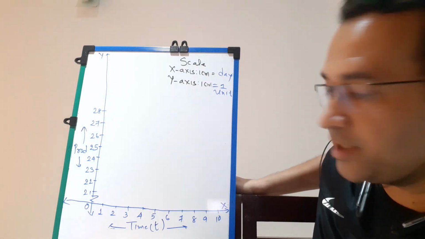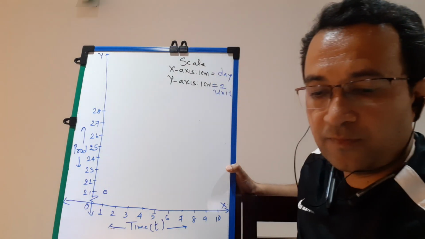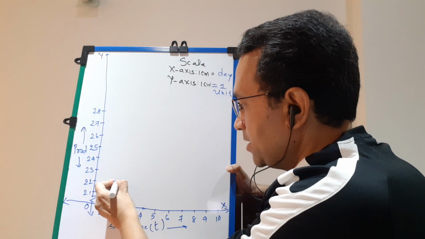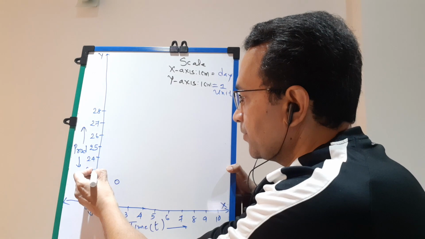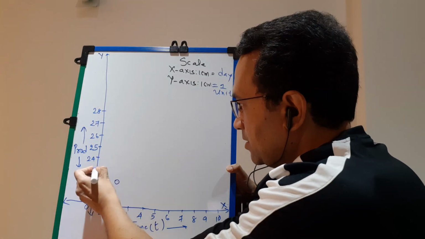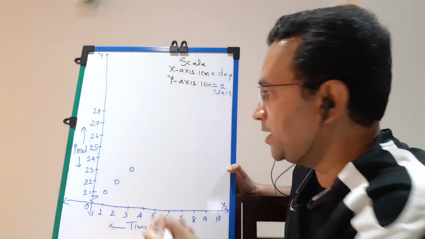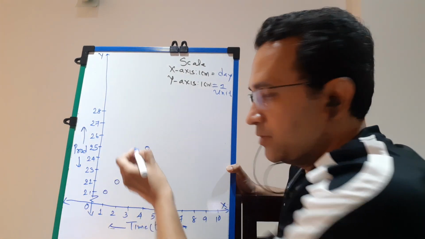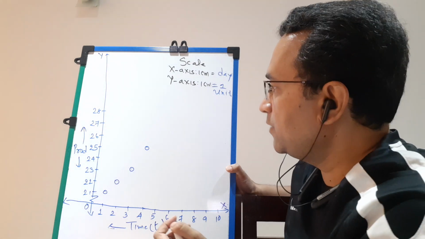Now for the first day it is 21. So here. For the second day it is 22. So somewhere here. For the third day it is 23. Somewhere here. For the fourth day it is 25. So somewhere here. For the fifth day it is 24.